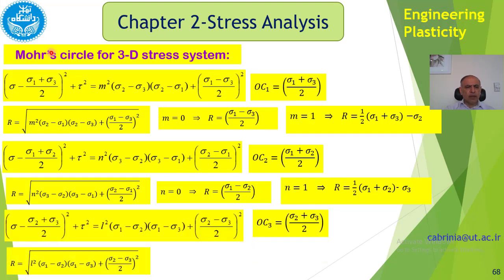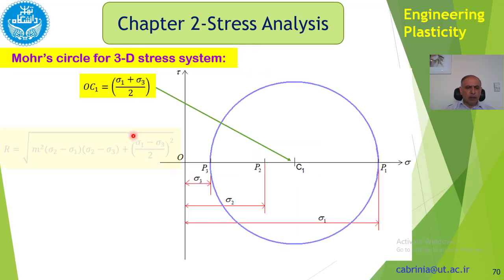These Mohr circles, for instance, the first one for sigma 1 is like that. We said that if we put different values of m, we get different circles, but here if m has a certain value, then sigma 1, sigma 2, and sigma 3 are known, and from the Mohr circle we can find sigma and tau. And now we are going to show how to find these.